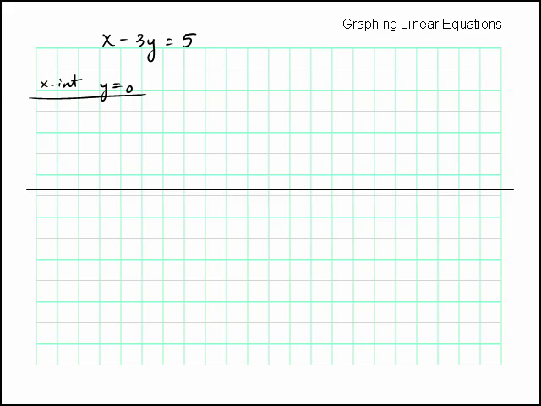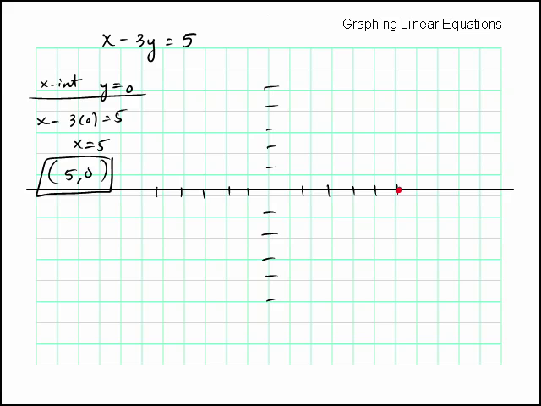So if I plug 0 in here, I get x minus 3 times 0 equals 5, x equals 5. So (5, 0) is our x-intercept. Let me plot that. Right there, (5, 0).